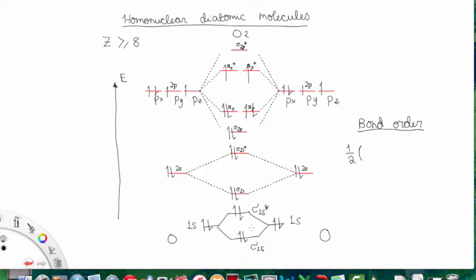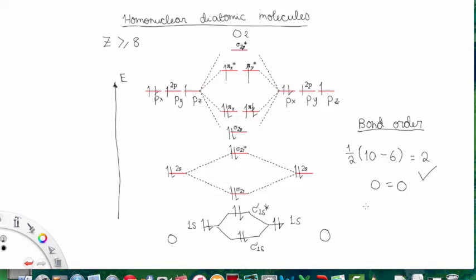So for bonding, we have 2, 4, 6, 8, 10, minus antibonding, we have 2, 4, 6. And so you end up with a number 2. And this bond order makes sense, right? Because the way in which we find oxygen as a diatomic molecule is with a double bond in between. So yay, this worked out.